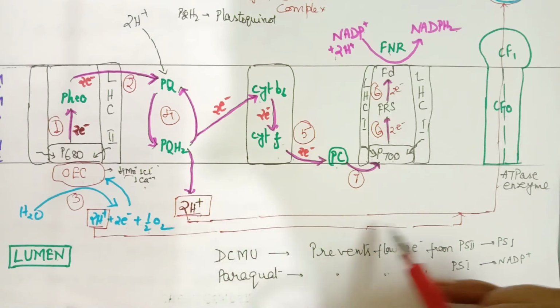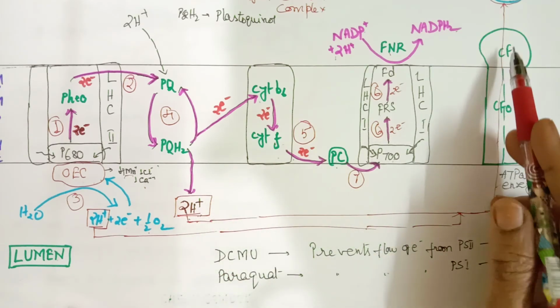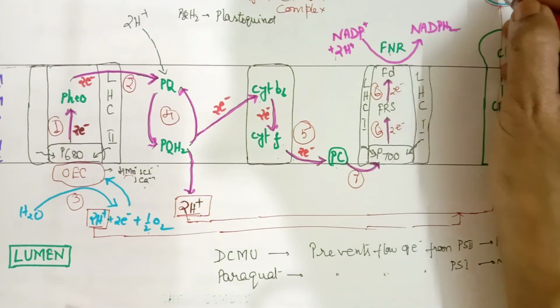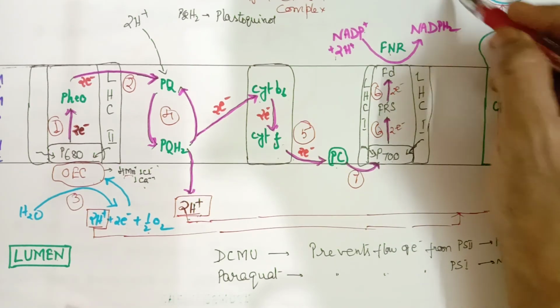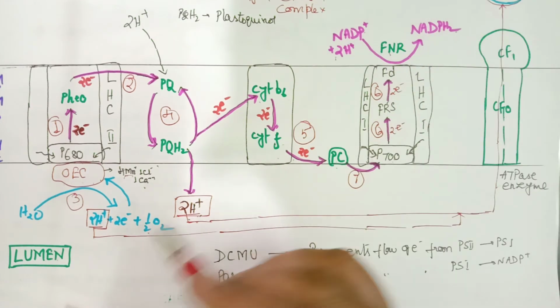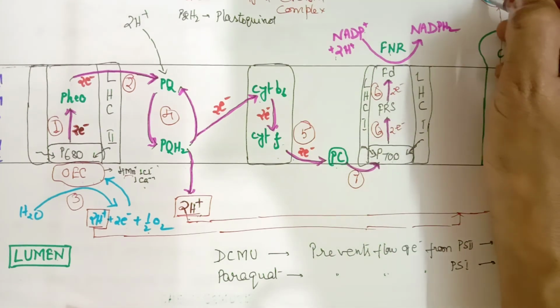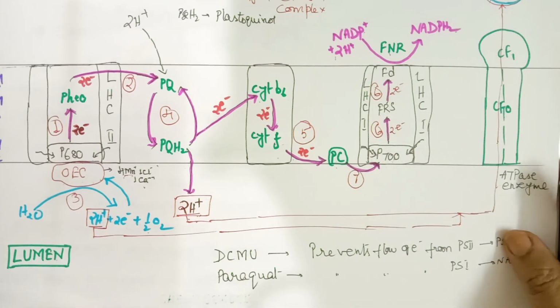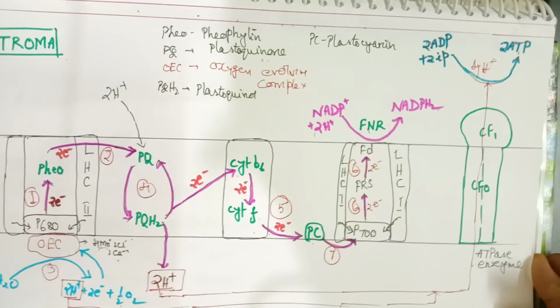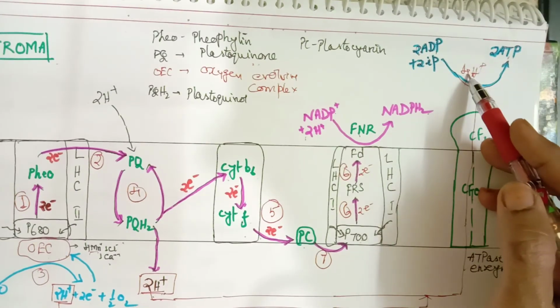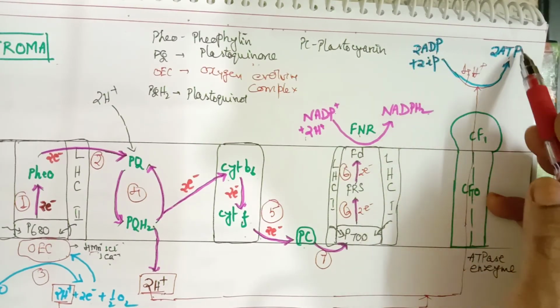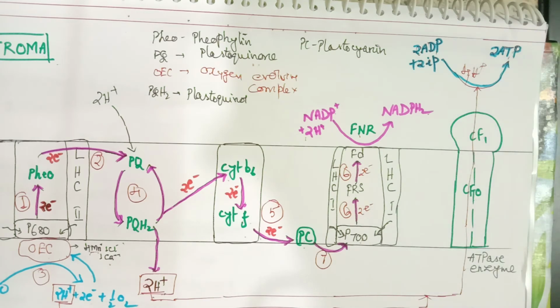So when protons are moving through this complex, they result in synthesis of ATP. All 4 protons, when they pass through this complex, finally result in synthesis of 2 ATP molecules.